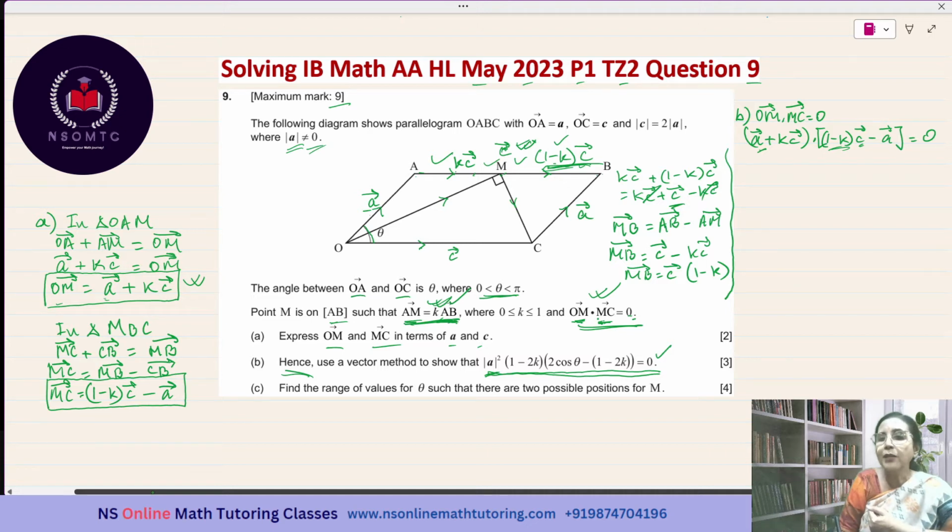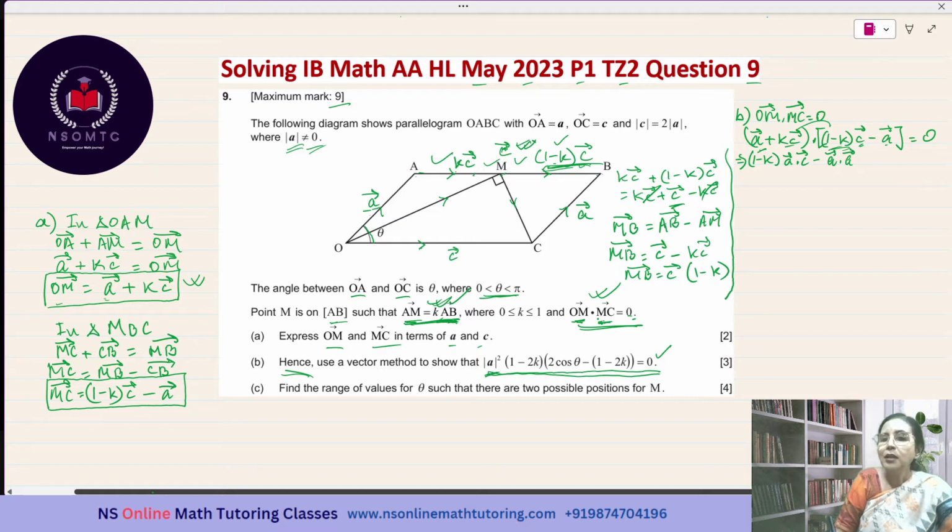But because we are having this dot product, we will be doing the dot product of the vectors A and C. So I'm writing 1 minus k first, and the dot product of the two vectors A and C, and then the dot product of the vector A with this vector A. So it is minus A dot A, then this with this.